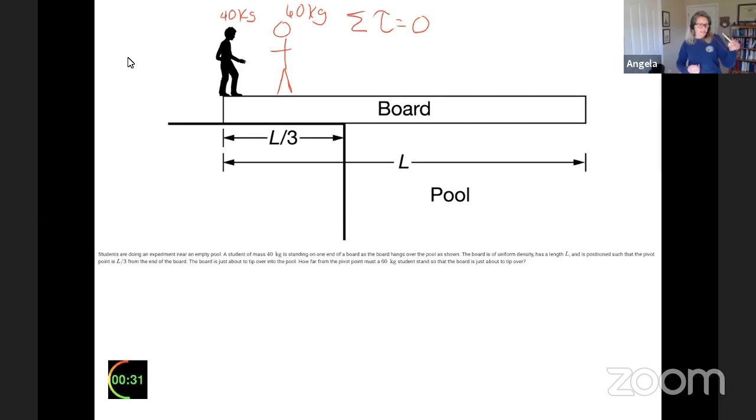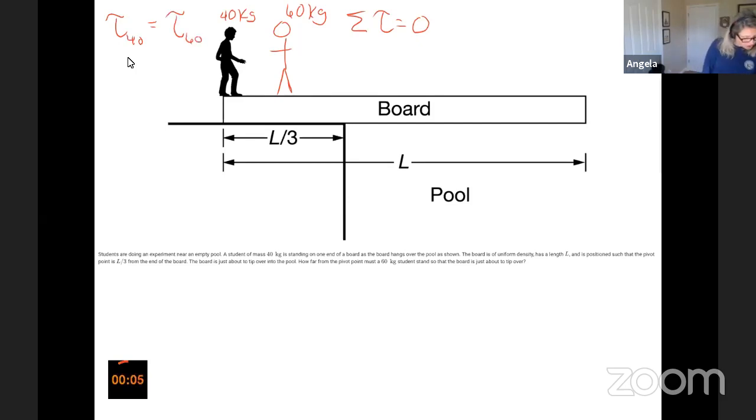So in the first instance, the 40 kilogram student, their torque is exactly matching the torque from the earth pulling on the board. And in the second instance, you also want the torque from the student to exactly match the torque from the earth pulling on the board. So basically, you want the torque from the 40 kilogram student to equal the torque from the 60 kilogram student.